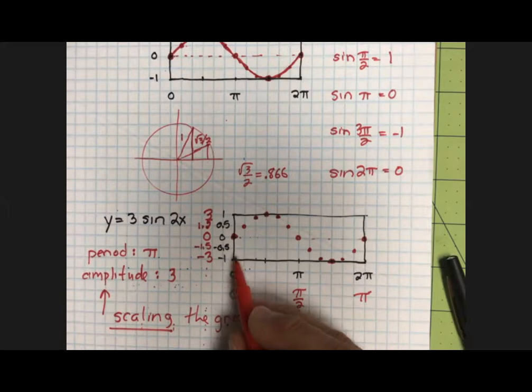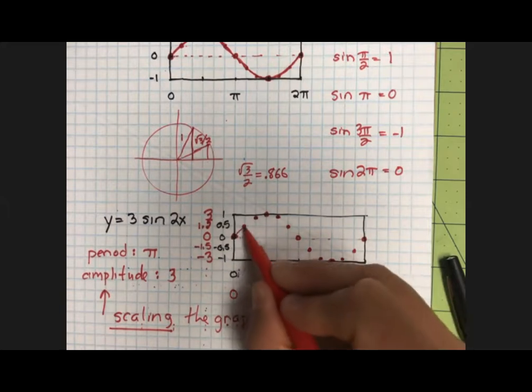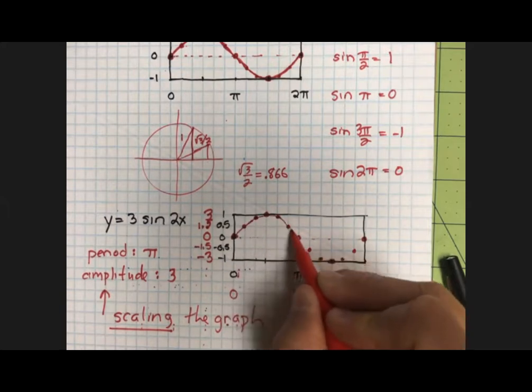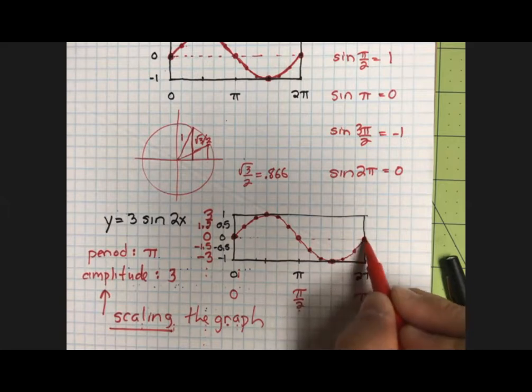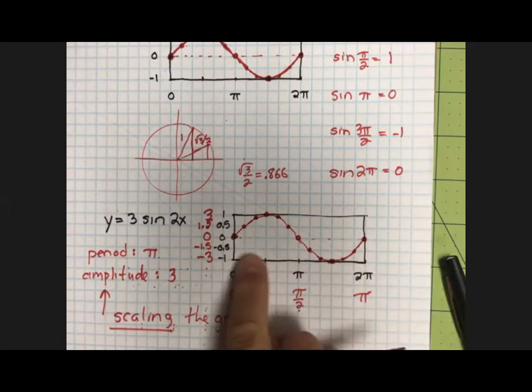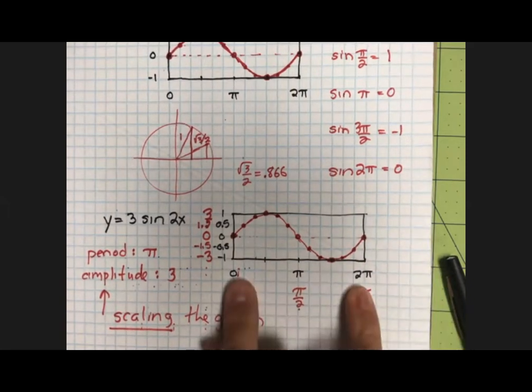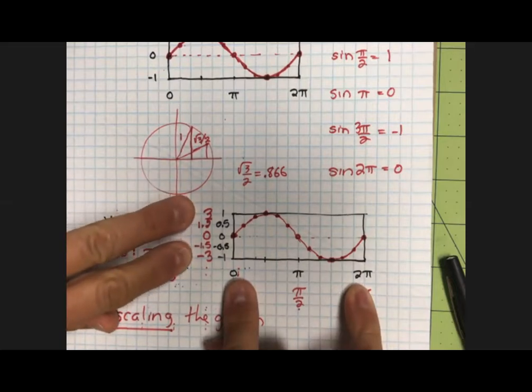Look at that. What you've drawn is the exact same curve and the exact same dots, except you've scaled the horizontal and vertical elements of this box.